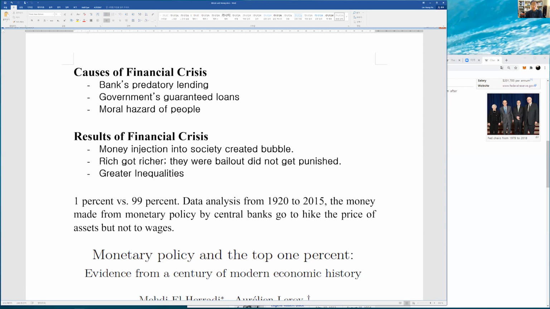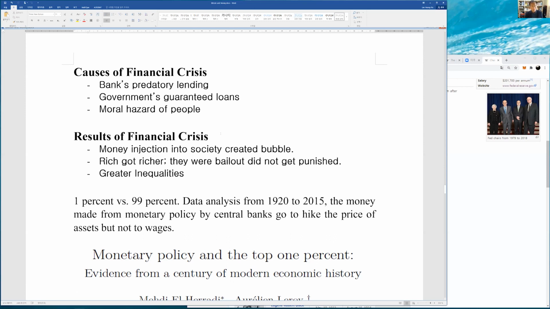They buy large houses with swimming pools, and not only one, two or three, with the expectation of the house price booming, going up again and again. So they are very greedy and morally hazardous. So those are the causes of the financial crisis.